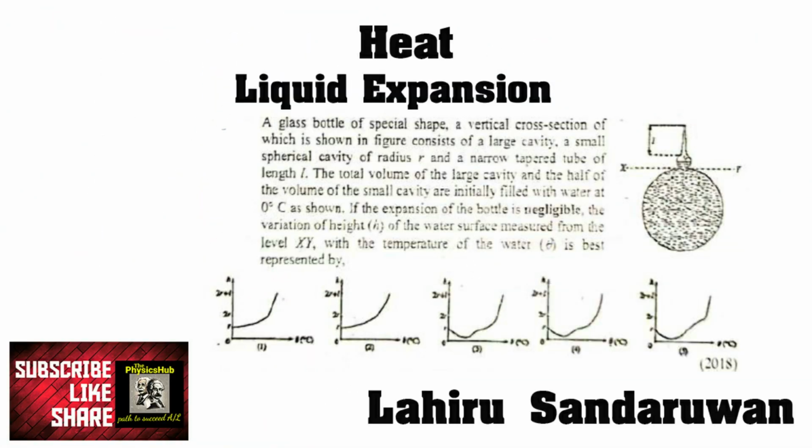The answer is 3. A glass bottle of spherical shape, a vertical cross-section of which is shown in the figure, consists of a large cavity, a small spherical cavity of radius r, and a narrow tapered tube of length L. The total volume of the large cavity and half of the volume of the small cavity are initially filled with water at 0 degrees as shown.